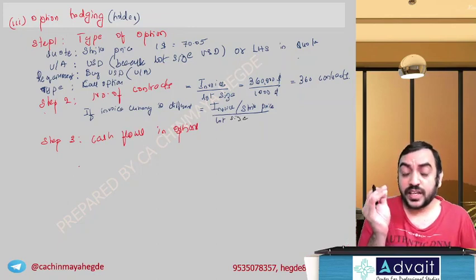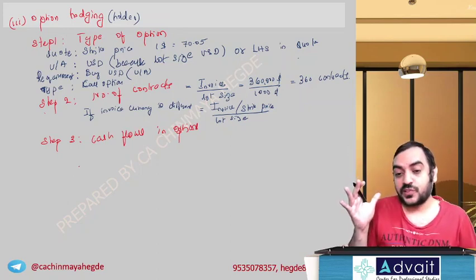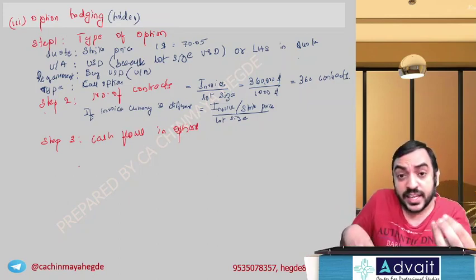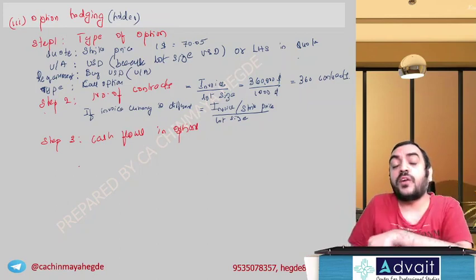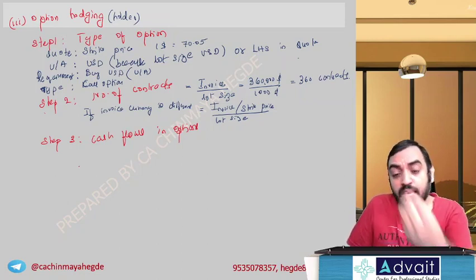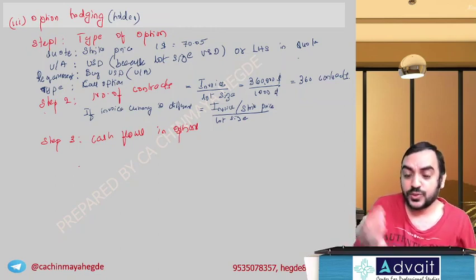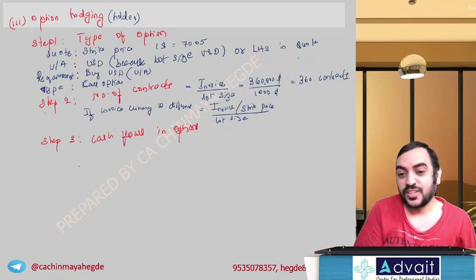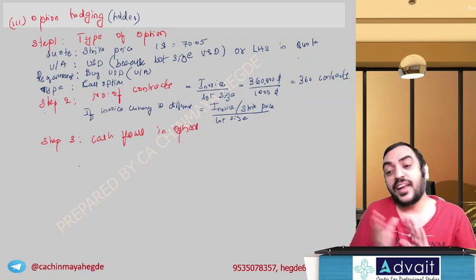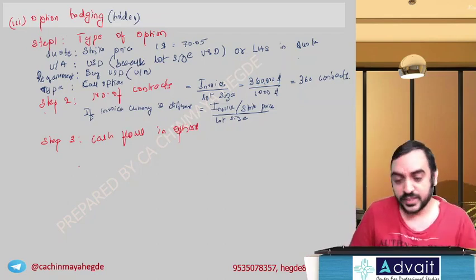Why? Because invoice amount is in different currency, lot size in different currency. Invoice amount is to be converted into underlying asset terms, and for conversion we require a conversion rate, which is the strike rate. So divide by strike price, the invoice amount will get converted into the underlying terms, and then you can divide by lot size. That problem also we will be doing, there you get more clarity.